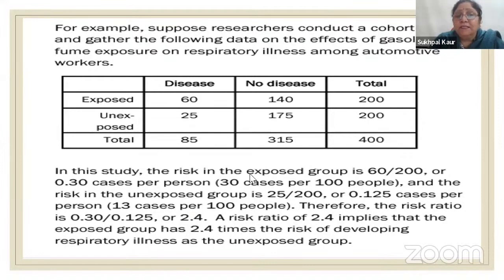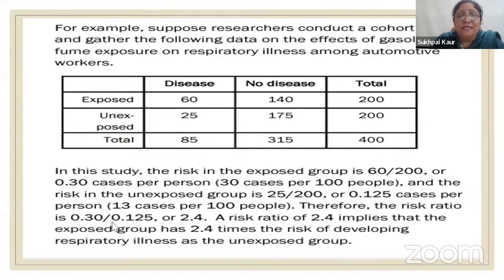So in this study, the risk in the exposed group is 60 out of 200. This is 60 out of 200 or 0.3 cases per person. Or if we want to go for 100, it is 30 cases per 100. And the risk in the unexposed group is 25 out of 200, or 0.125 cases, 13 cases per 100.